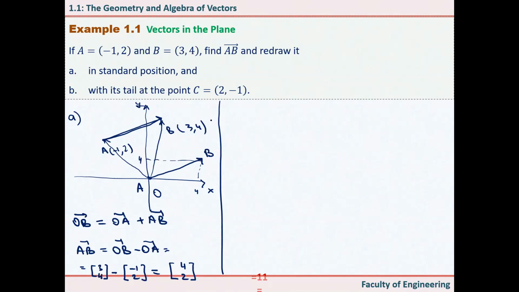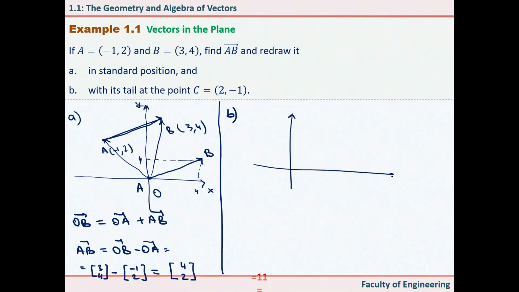And how about question B? Question B, with its tail at the point C (2, -1). How do you do that? Here, draw this.